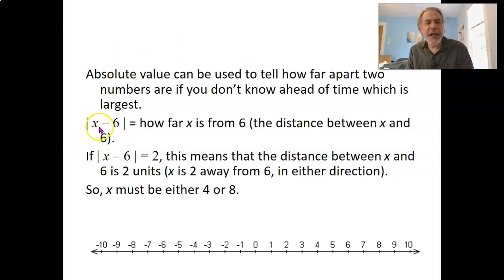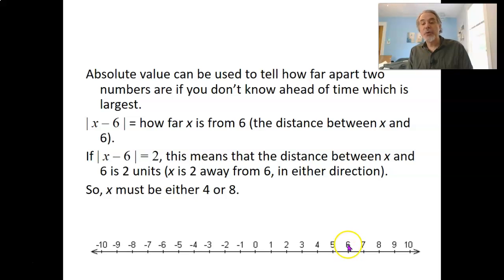So the absolute value of x minus 6 would represent the distance between x and 6, how far x is from 6. Suppose the absolute value of x minus 6 is 2. That means that the distance between x and 6 is 2 units. So x is 2 units away from 6 in one direction or the other. Here's 6.